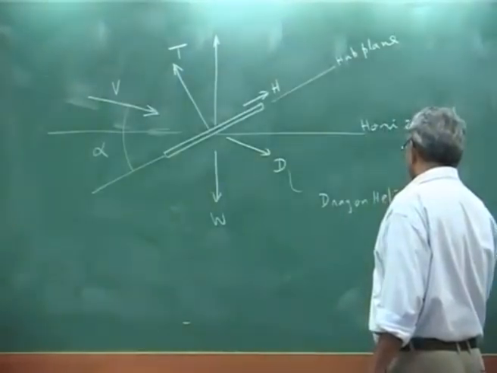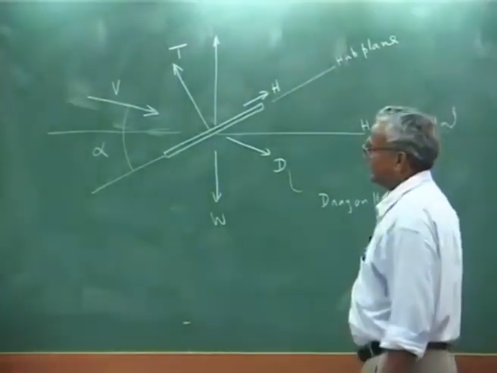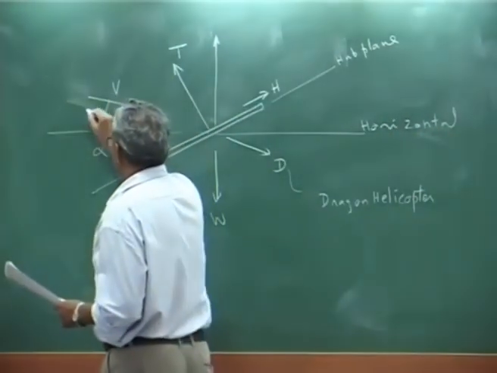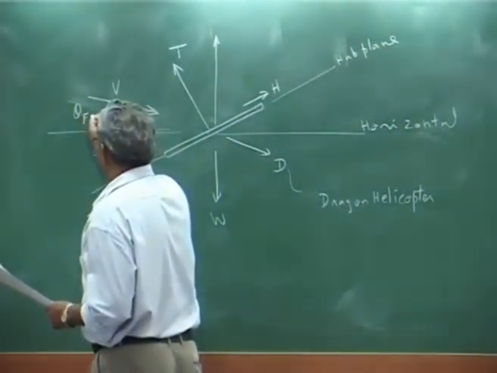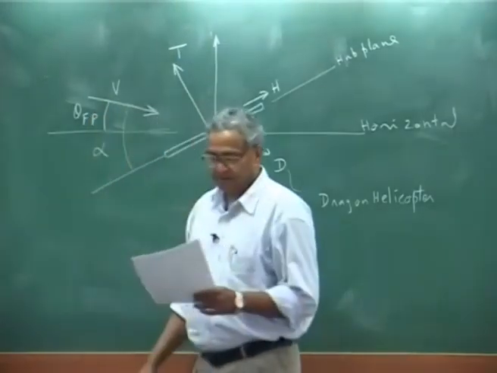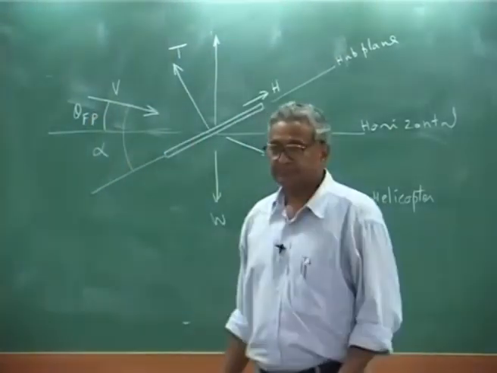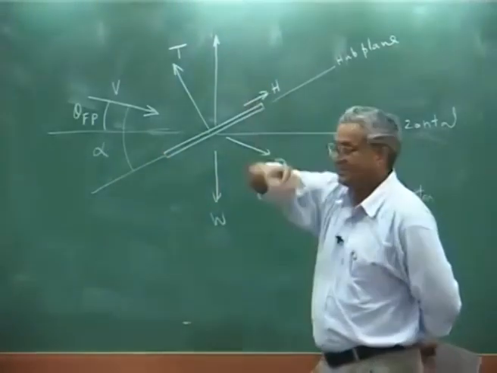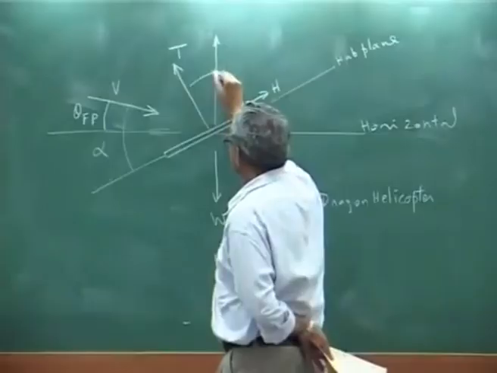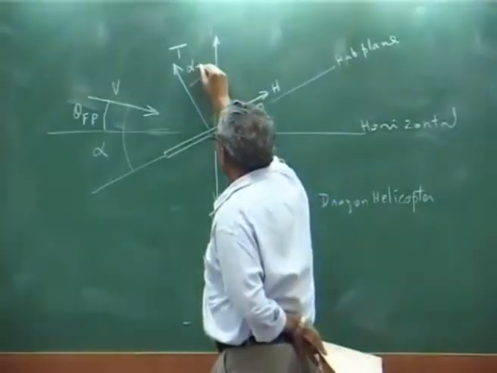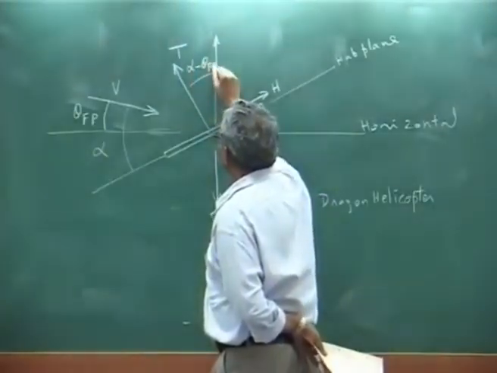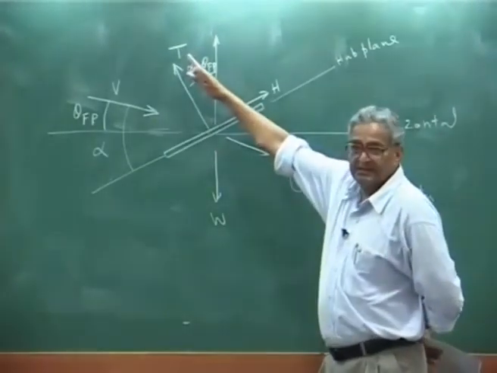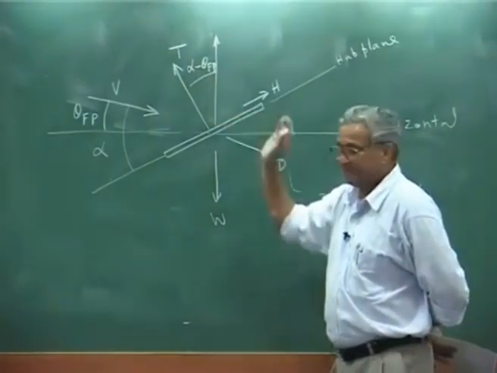Okay. Now, I am going to call this theta f p, flight path angle. Okay. This is the flight path, and this is alpha minus theta f p, okay, because the tilt is only that much.